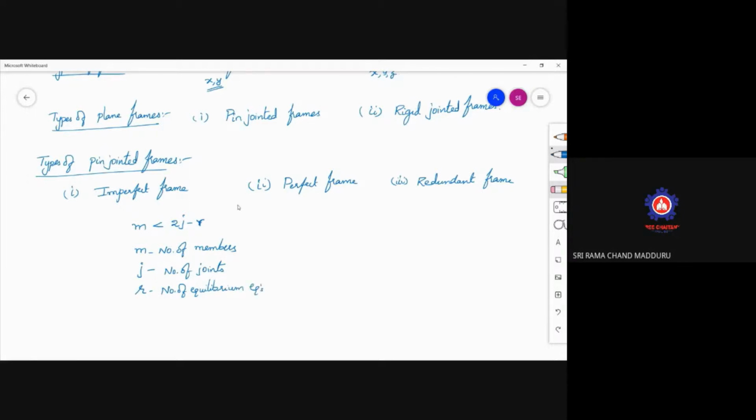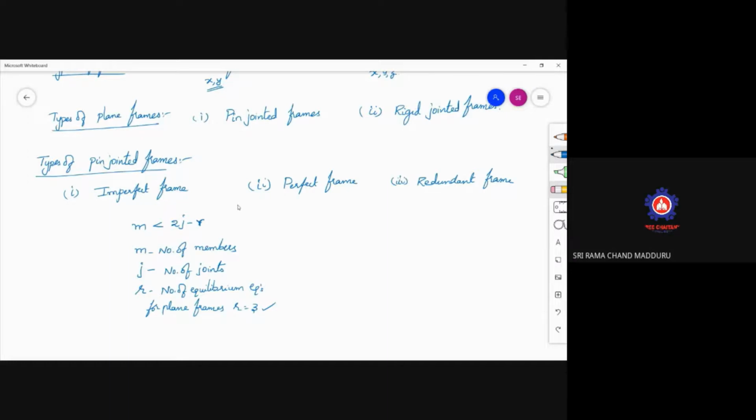We know that for plane frames, r is equal to 3. Why? Because sigma Fx is equal to 0, sigma Fy is equal to 0, and sigma M about any point is equal to 0.